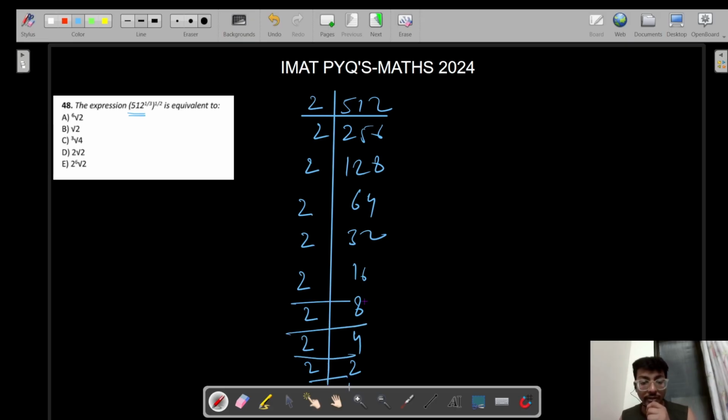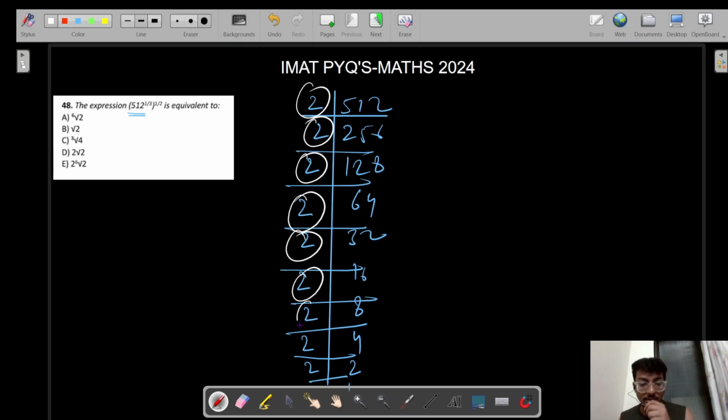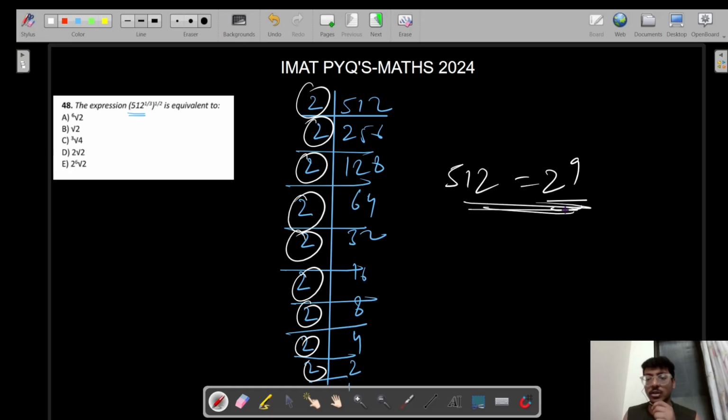So this is the prime factorization of 512, and if we count the number of twos, it will be 1, 2, 3, 4, 5, 6, 7, 8, 9. So one thing is clear, that 512 is nothing but 2 to the power 9. Let's use this.